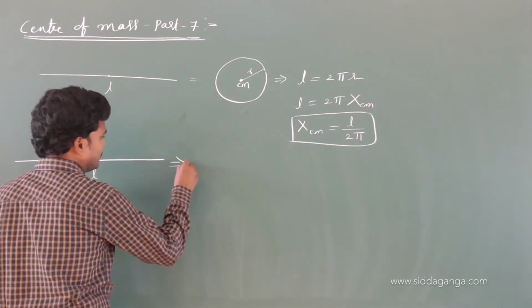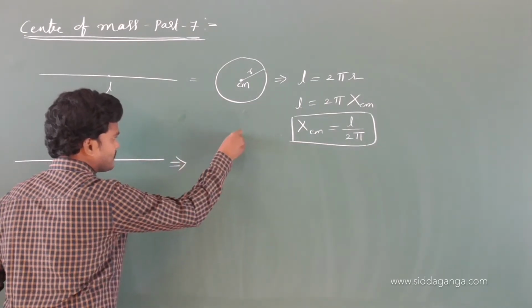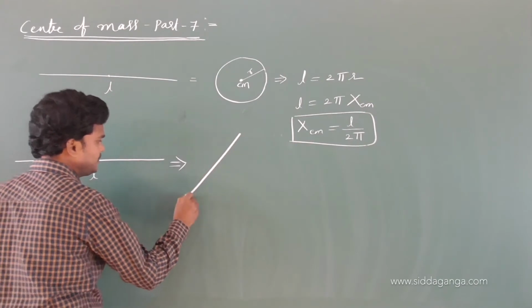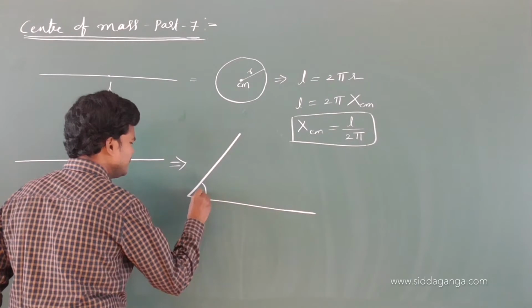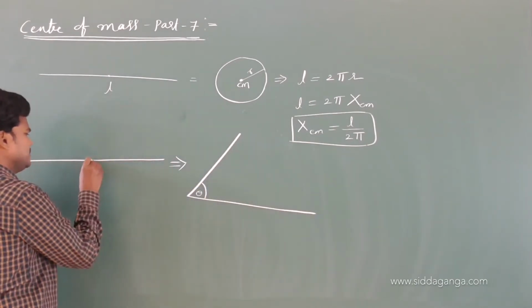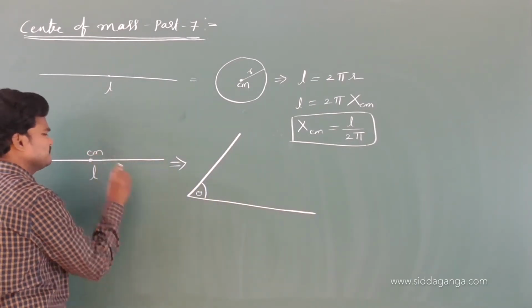See the wire is bent like this. I am drawing here. Now the two parts make an angle theta. This is the initial center of mass.